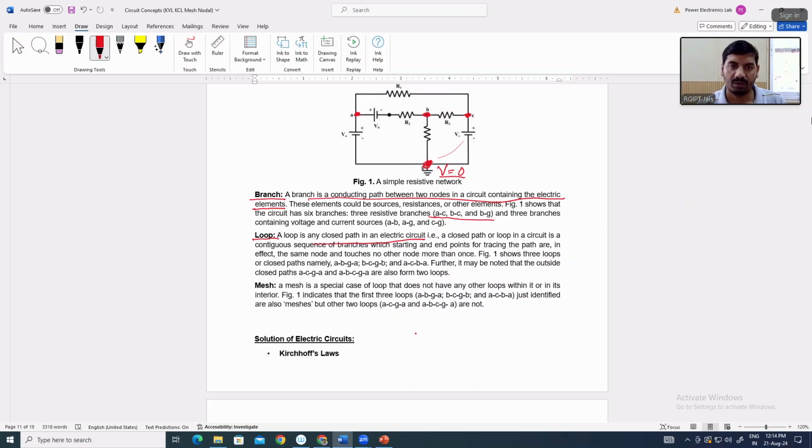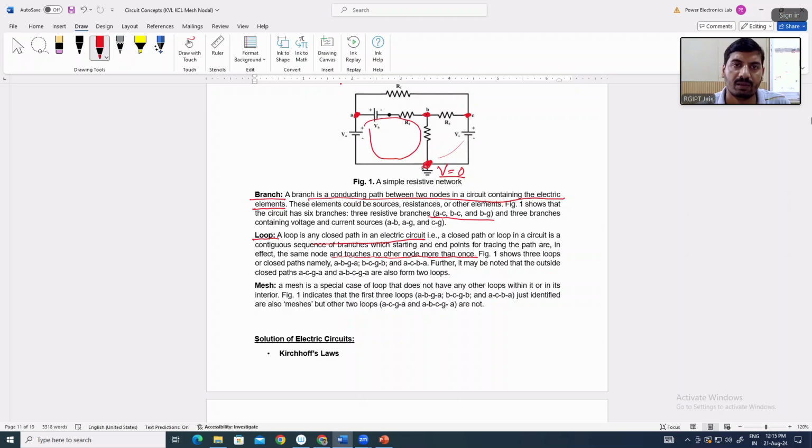Okay, so it means if we start at this node and move around this area, and we reach the same node, then this will be a loop. Simply, it is a closed path in a circuit.